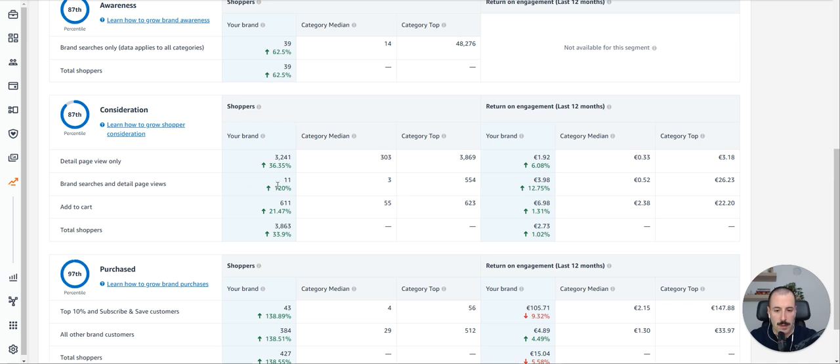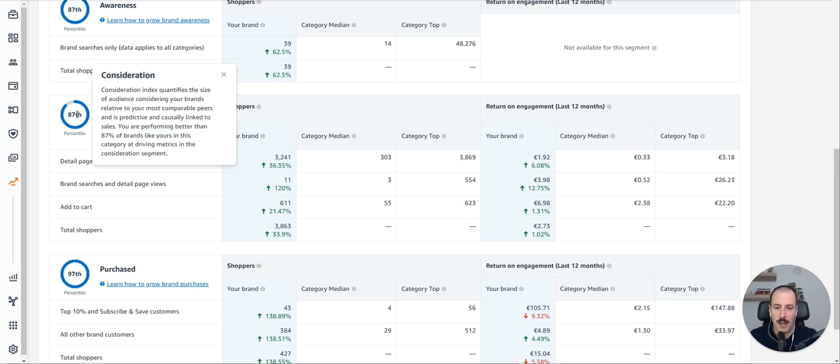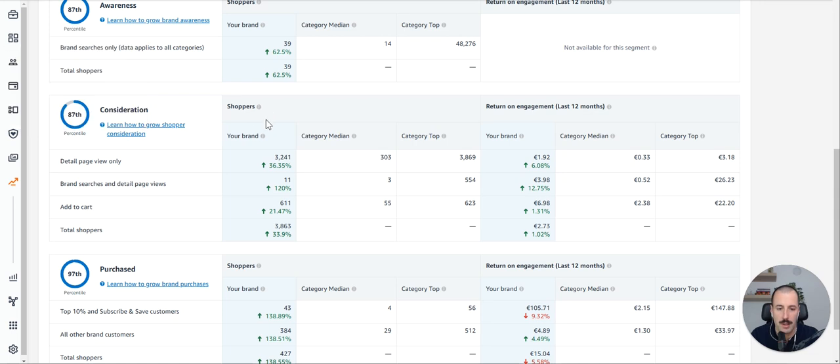It's an increase from the previous week, but still. This is very interesting. So 600, really close to the category top, and we are doing better than 87% compared to our peers, similar to the awareness. And you can compare how category top is doing.